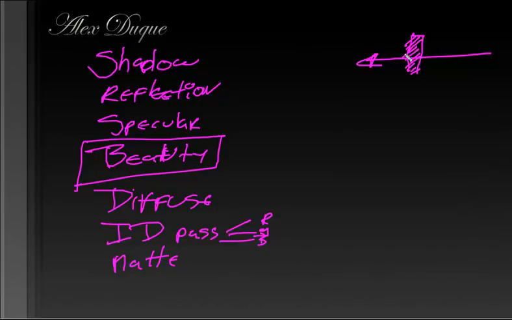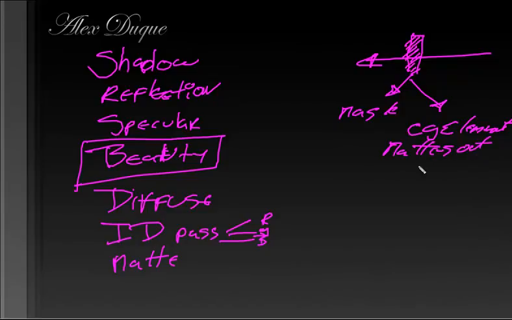Or let's say it's a real element and you have this CG guy. You can either make a 2D mask in Photoshop, or you can make a CG element that maps out the 3D character.